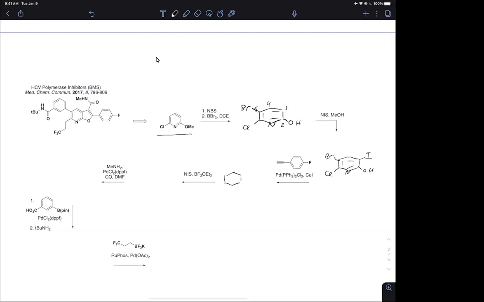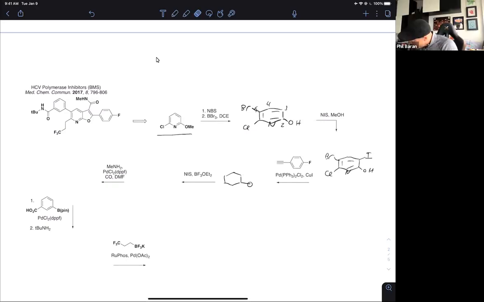Is some Sonogashira, and then... All right, we've got the Sonogashira to take place. We've got our arrow where it needs to be right there. And then we're going to treat this with NIS.